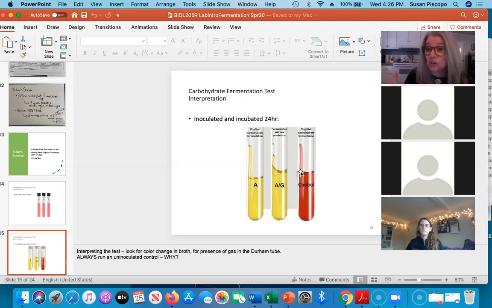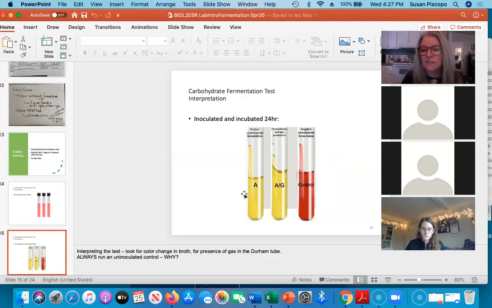It's called a Durham tube. Durham, like the town, like the city. And what we do is we put that Durham tube into the big test tube upside down. So as that tube incubates with the microbe in it, if that microbe is producing any gas through the fermentation process, it will collect inside the Durham tube as a little gas bubble.